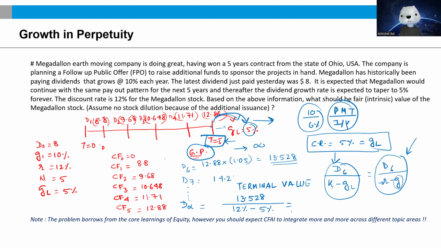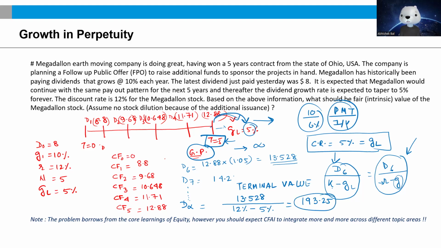So if we do that, the rest of the math is going to be easy. We are now getting a value of 193.25. All right.